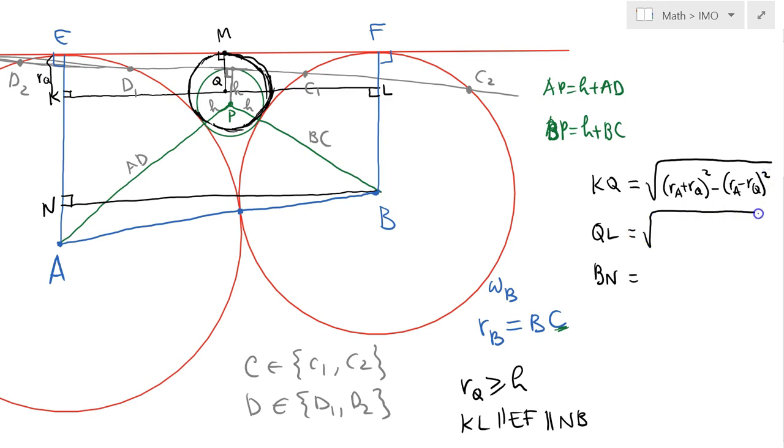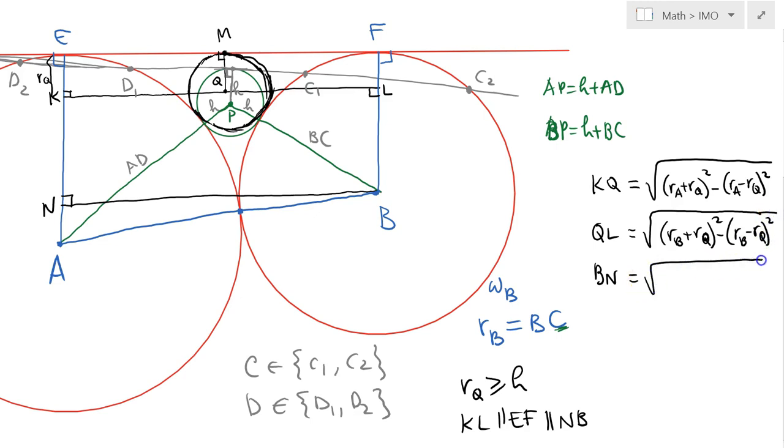In a similar way, it's possible to express QL as well. For QL, you can focus on right triangle BLQ. As a result, we would get the square root of (RB plus RQ) squared minus (RB minus RQ) squared.